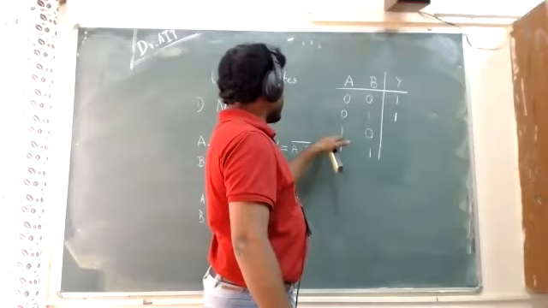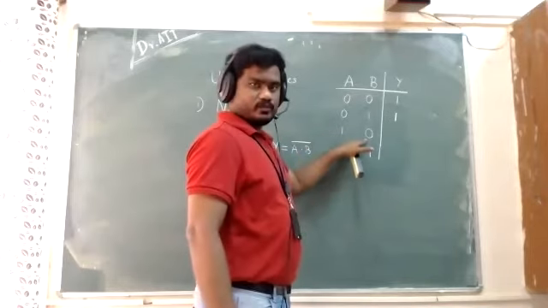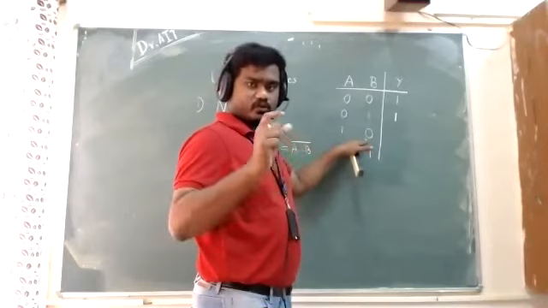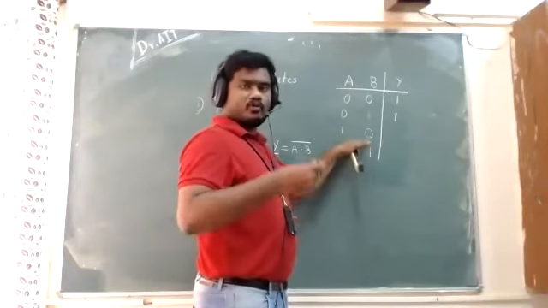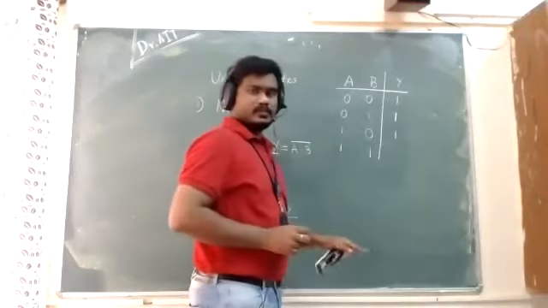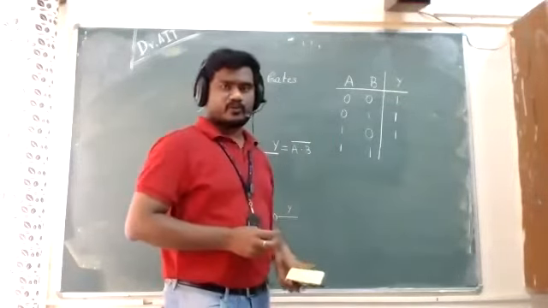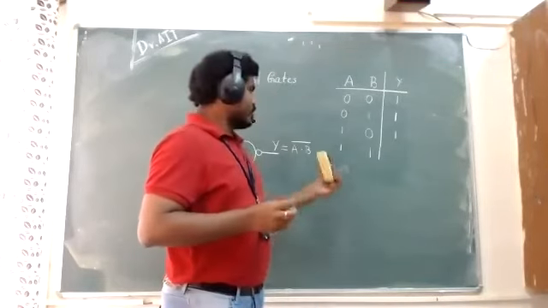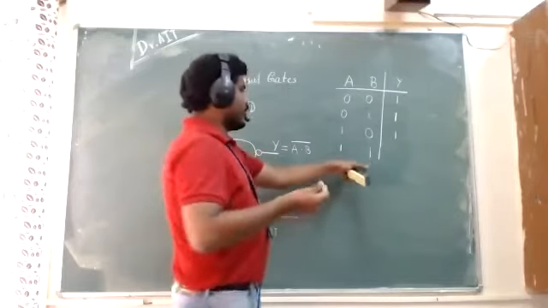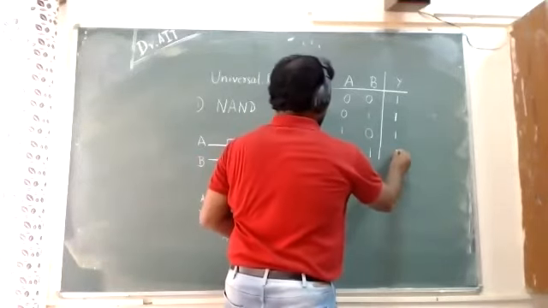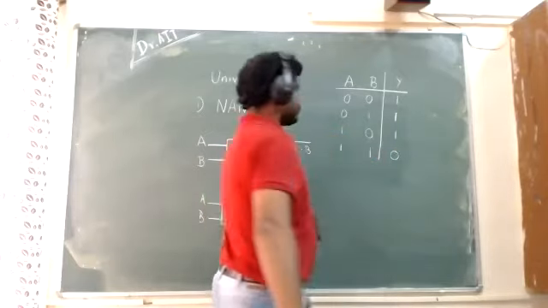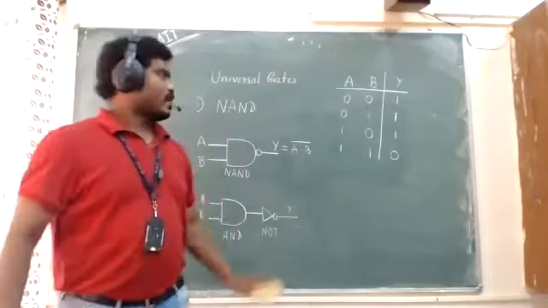Similarly, when A is 1 and B is 0, the AND gate output is 0, and therefore the NAND gate output is 1. And coming to the last input combination, 1 and 1, the AND gate output is 1, but the NAND gate output is its complement, so it's 0. This is the truth table of the NAND gate.